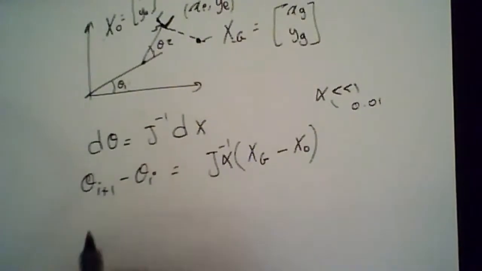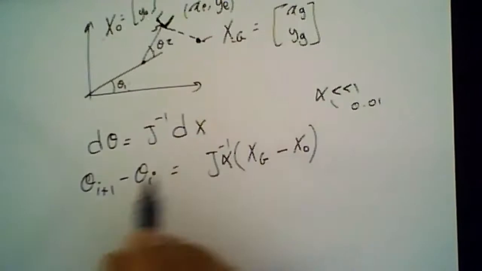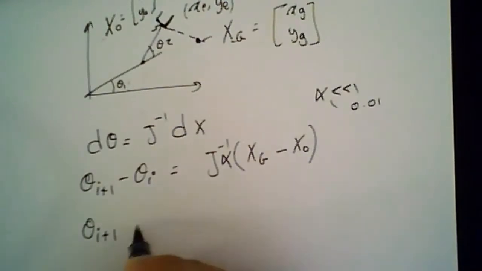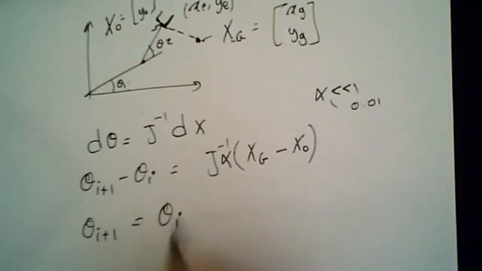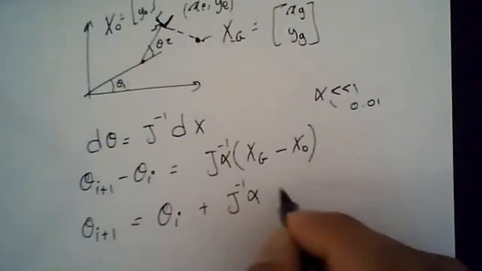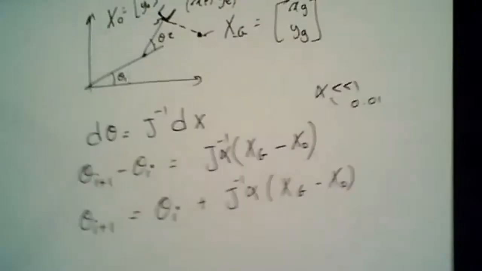So now I can actually write, I know my initial thetas, right? I know J is a function of my theta. I can now solve for my next theta. So this is theta i+1 equal to theta i plus inverse Jacobian times alpha times (x goal minus x0), right?